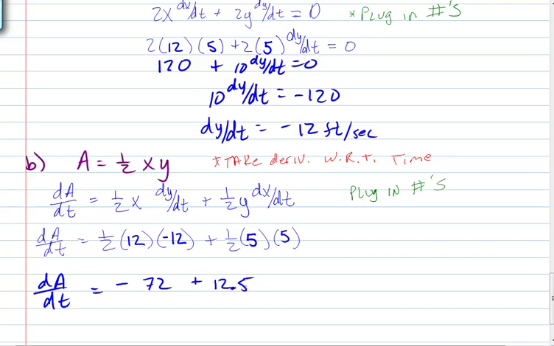So this is going to be negative 59.5. Negative 72 plus 12.5. And then what are the units here? Yeah, that's right. 59.5. Thank you.